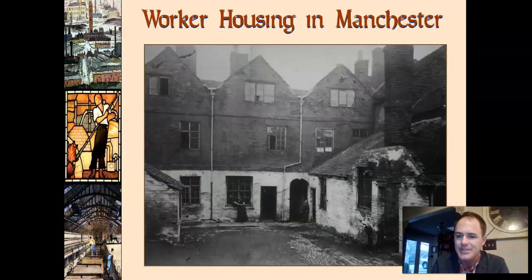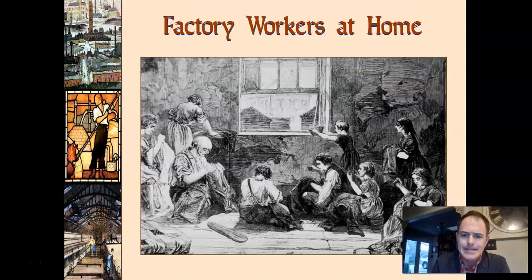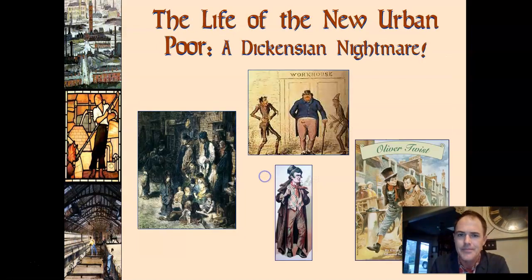Here's worker housing in Manchester, just to give one example of what it was like for workers, often crowded into one room, not living on their farms and in the villages as their ancestors had, but living in these homes, often controlled by the factory owners who owned them, and then they paid rent to them.